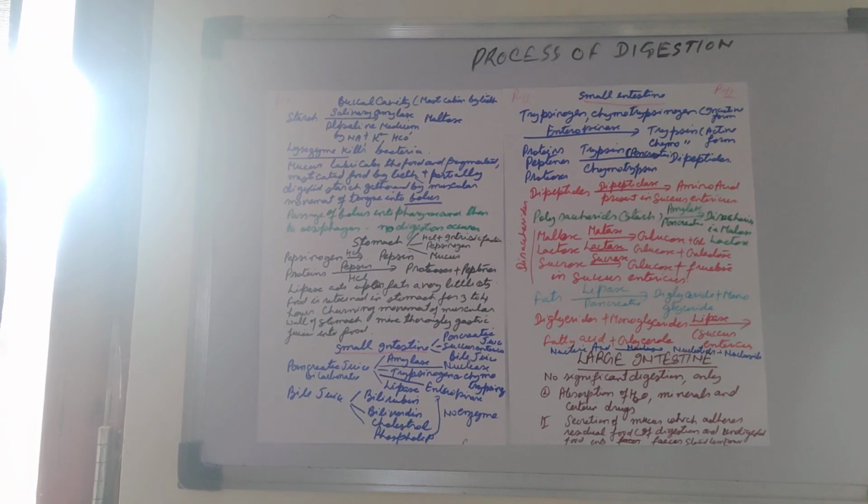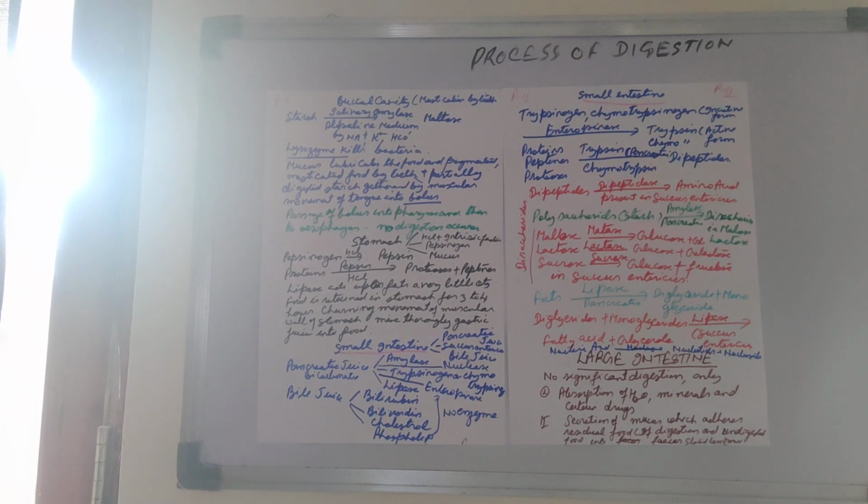They secrete these enzymes. What are those enzymes? They act upon proteins, digested carbohydrates, and fats, and convert them into their end products, which can be absorbed by the intestinal wall of the small intestine.